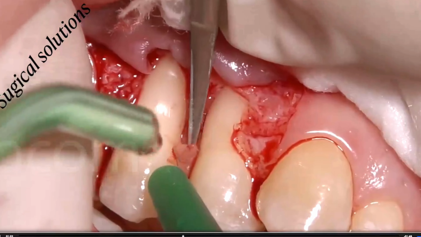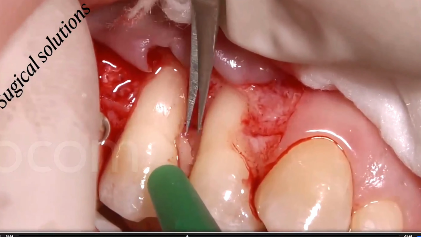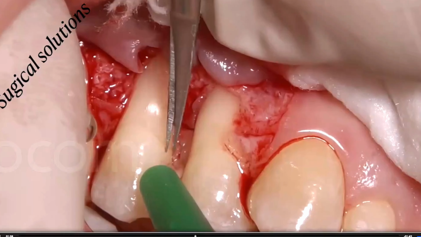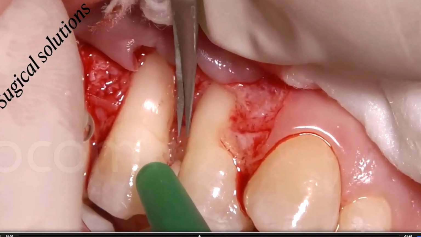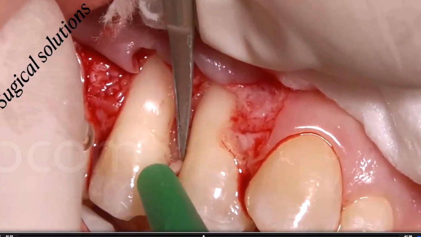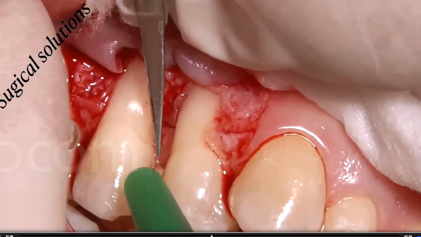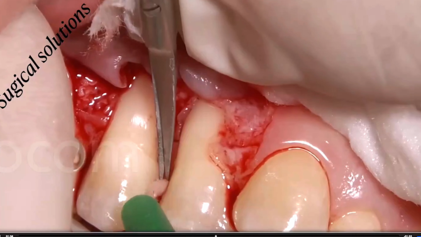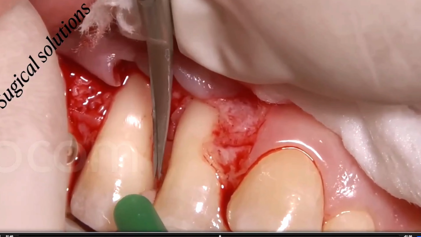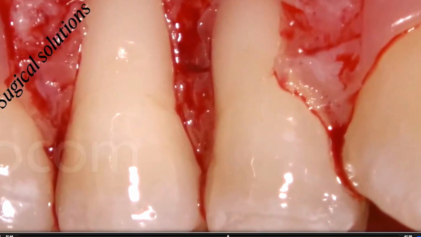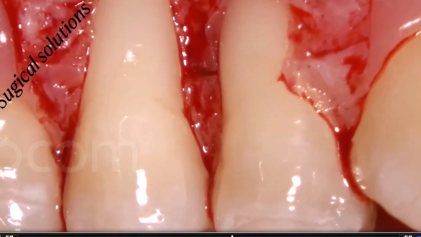Although this papilla is extremely small, you cannot leave remnants of epithelium that don't provide any blood supply to the surgical papilla of the flap. Vascular bed, yes?